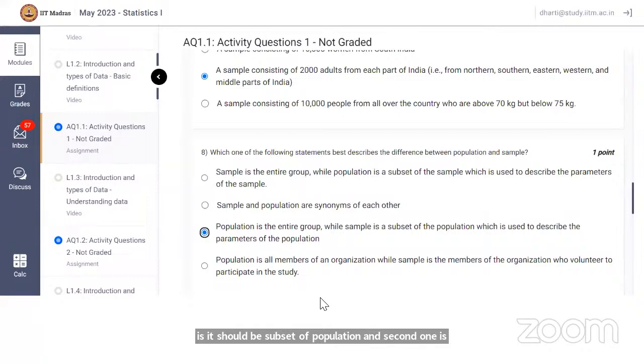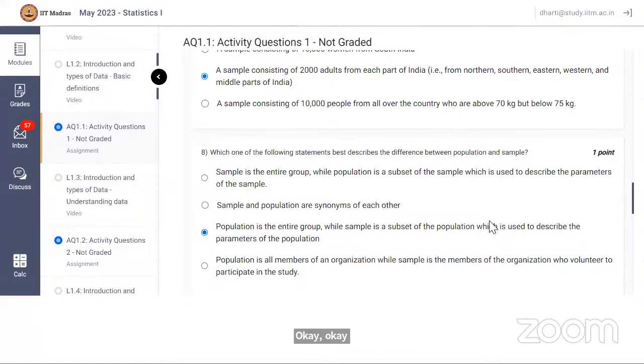That's why option number 4 is not correct, because it is not chosen randomly.